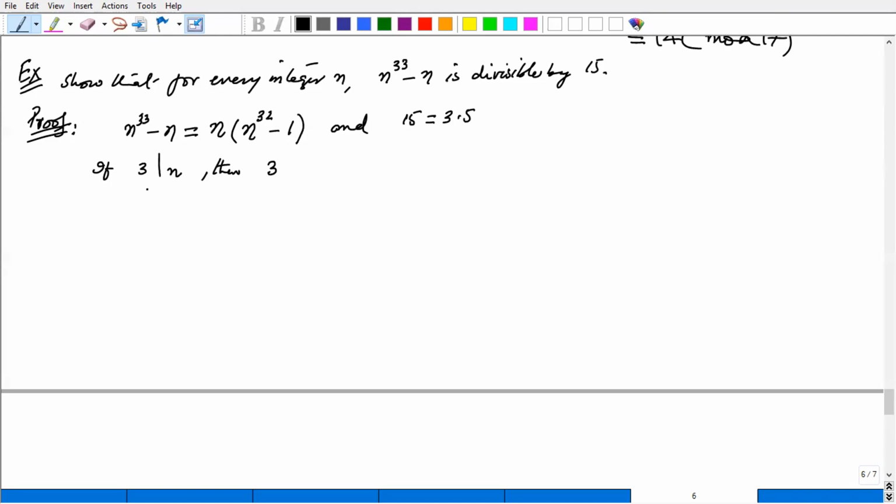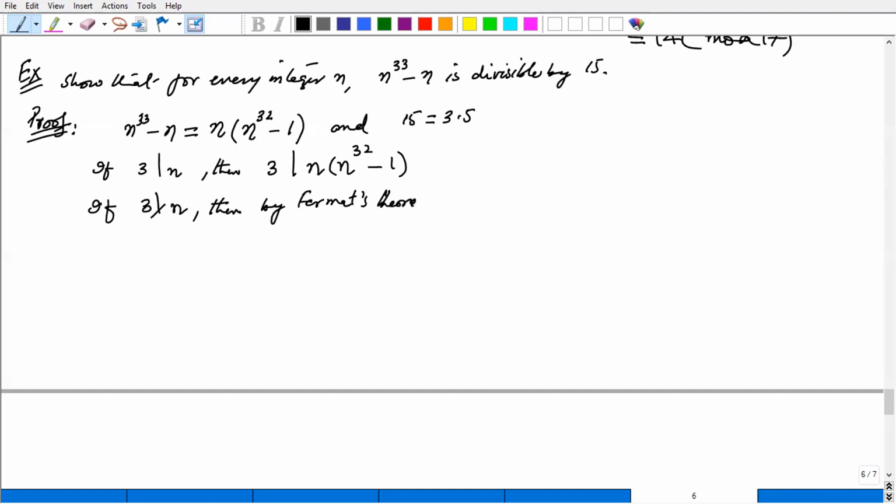Okay, so if 3 divides n, then 3 divides the product n times n to the power 32 minus 1. That's done. If 3 does not divide n, then by Fermat's theorem, here is the application of Fermat's theorem.